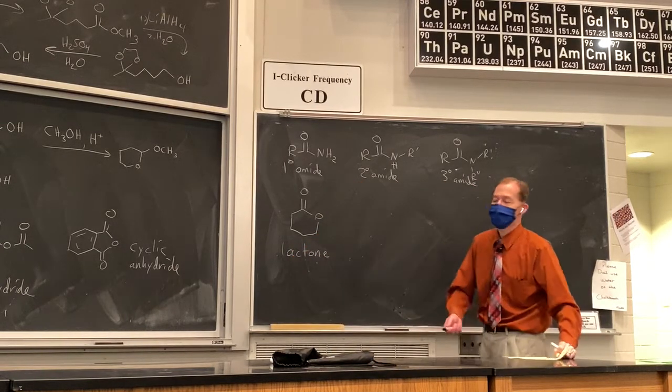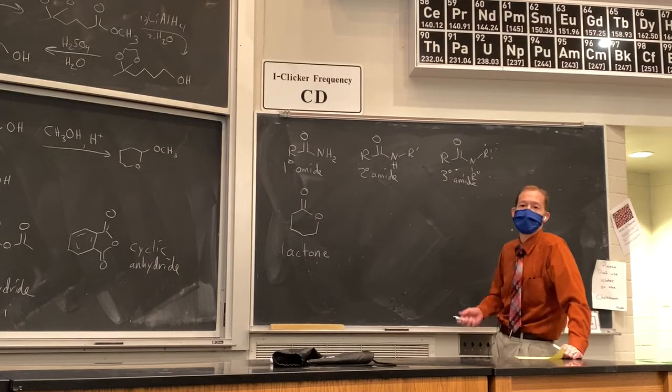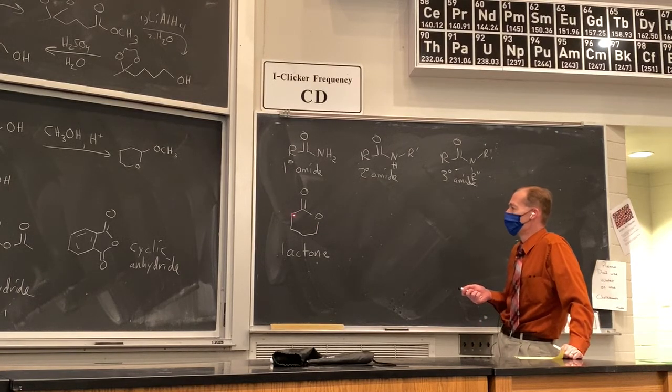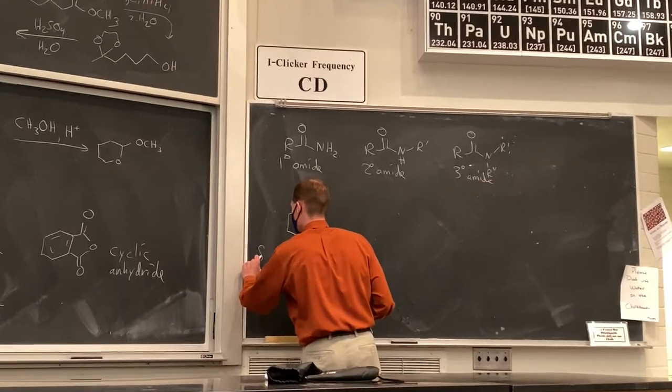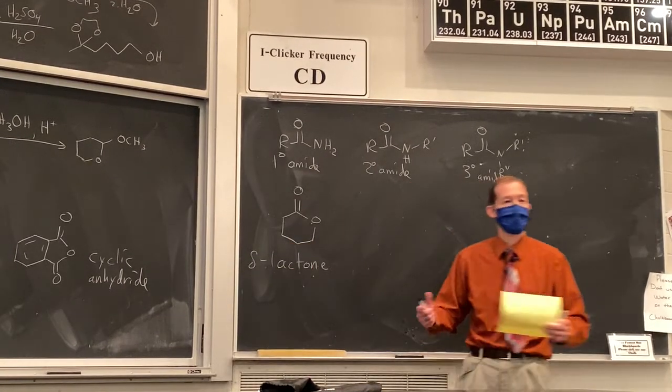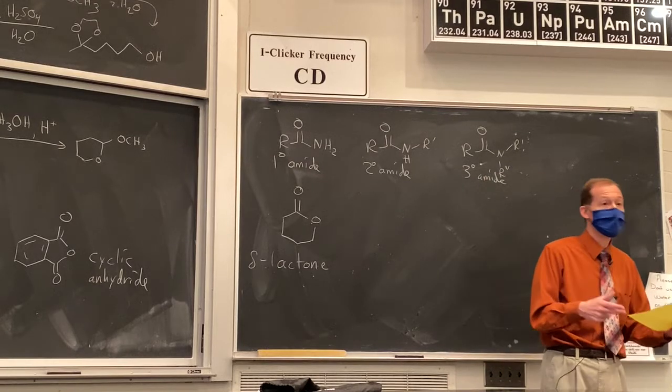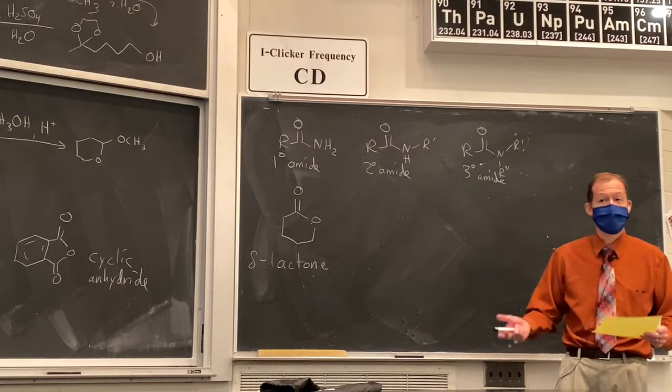And then we count the carbons moving away from the carbonyl. This is our alpha carbon, beta carbon, gamma carbon, delta carbon. The delta carbon is bonded to the oxygen, so this molecule is a delta lactone. So a delta lactone would be a six-membered cyclic ester. Okay?